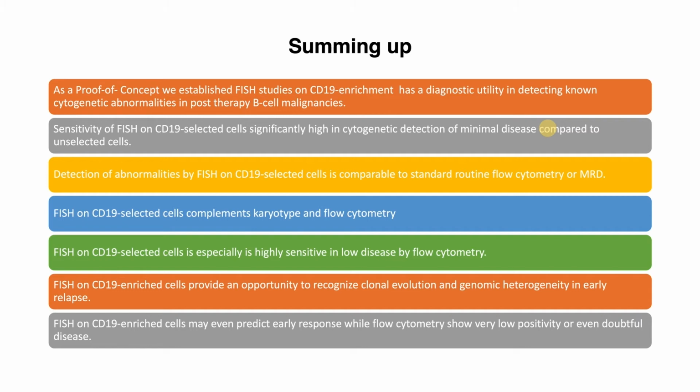The CD19 selection complements karyotype and routine FISH. Potential to recognize clonal evolution in terms of recognizing the subclones has been shown in 11 cases. And also, as an example, we have shown in one case that early relapse can be recognized by using CD19 FISH.